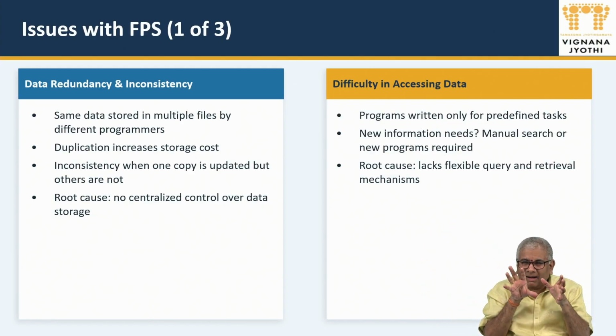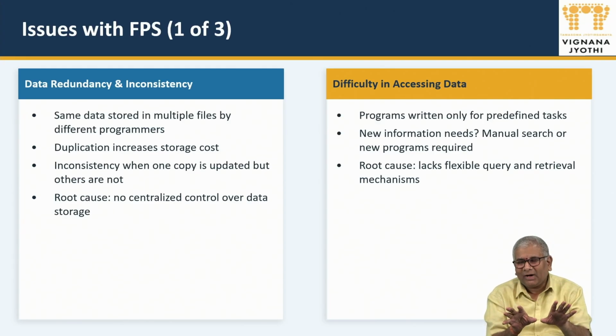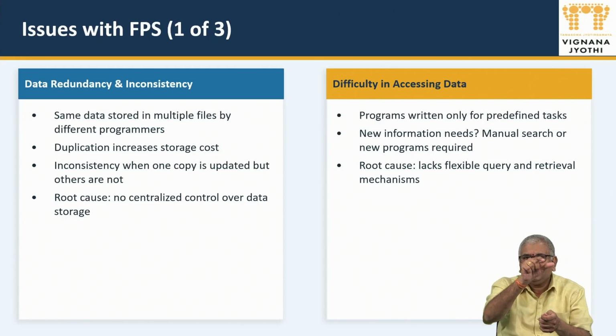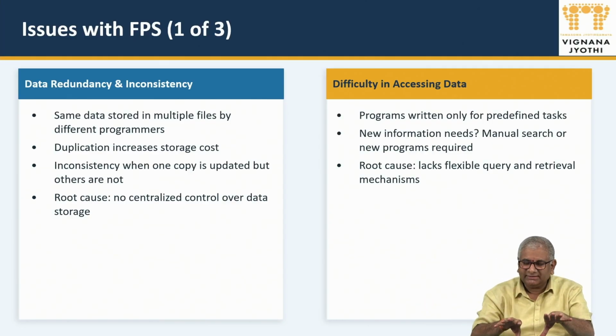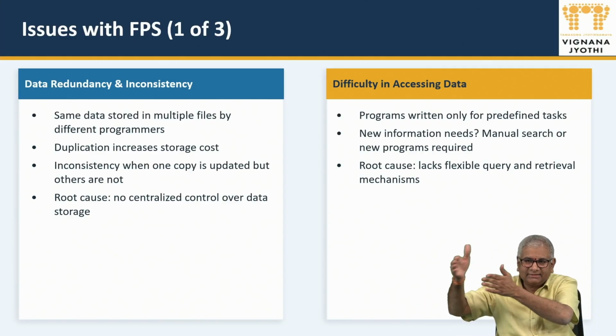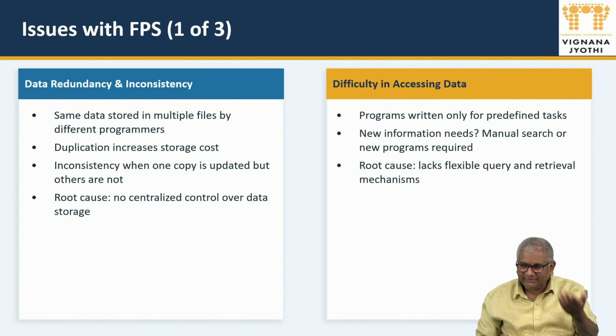The searching process is the same, but the problem is we are searching on different aspects of the data, at different locations. That's the root cause in the file processing system. That's why you have to write several programs for these things.